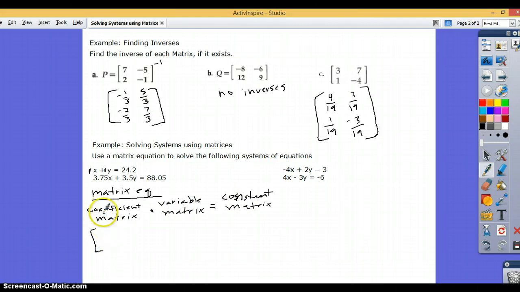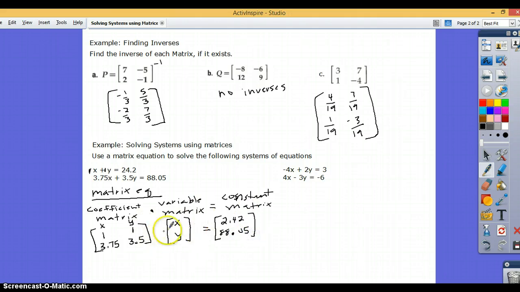So the coefficient matrix, we have our x's this way, so that's 1, 3.75, because they're the coefficients of x. We have our y's going down this way, so that's 1 and 3.5. The variables are x and y, and that's equal to our constants, which are 24.2 and 88.05.